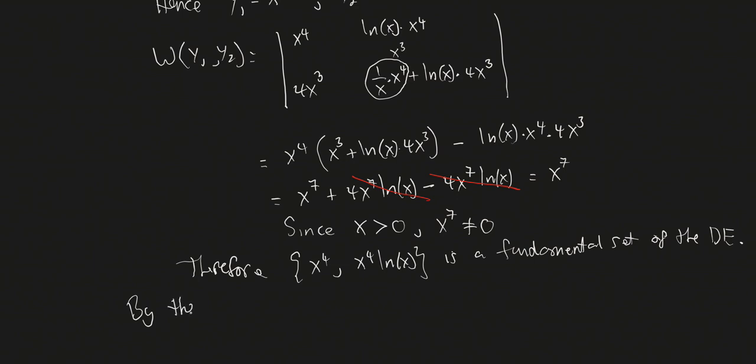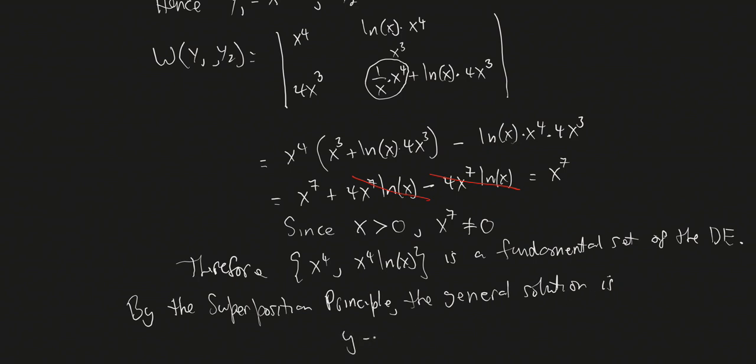So by the superposition principle, the general solution is y equals c1 times x to the fourth plus c2 times x to the fourth times the natural log of x, right? And there you go.